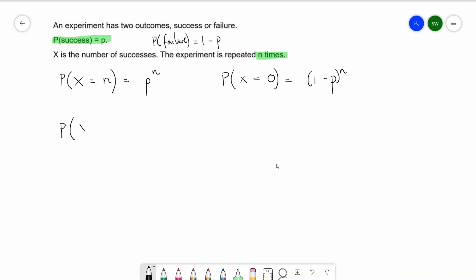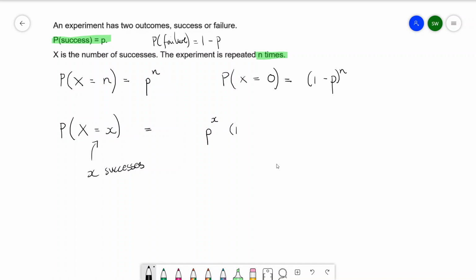Let's look at the probability of having little x successes. So this number of successes, let's write that down, x successes. So let's think about what branches we're going to go down. We're going to go down x success branches. So that means we're going to have p to the power of x, because the probability of each success branch is p.